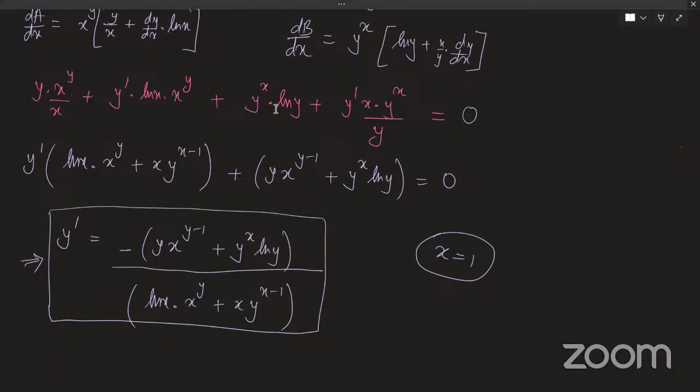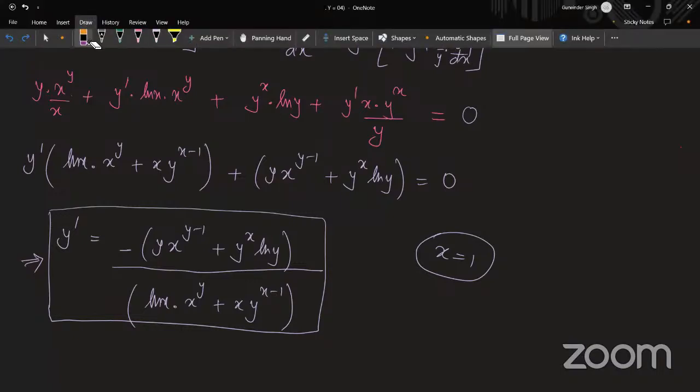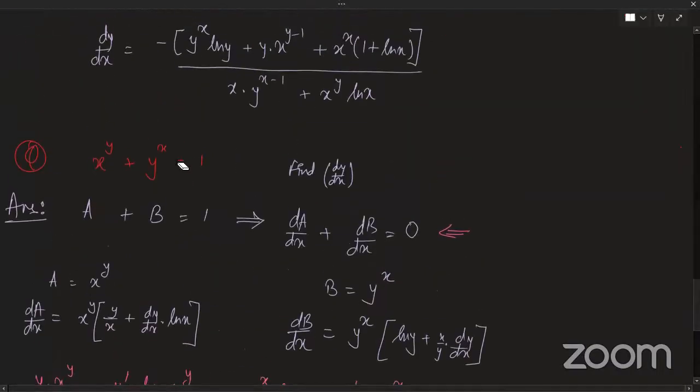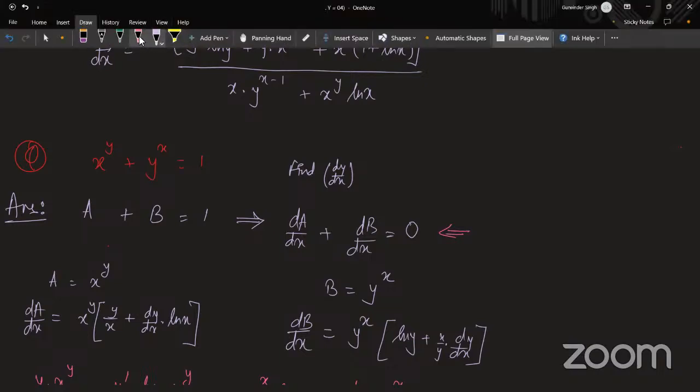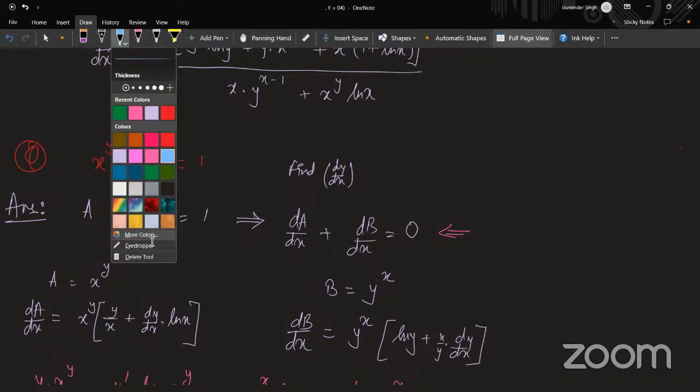So you will use your original equation, right? The equation that was given to you. In this equation, you will substitute your x as the value that was given to you, and you will get your value of y. This is how it works, right? Okay, so keep revising. Don't forget it.